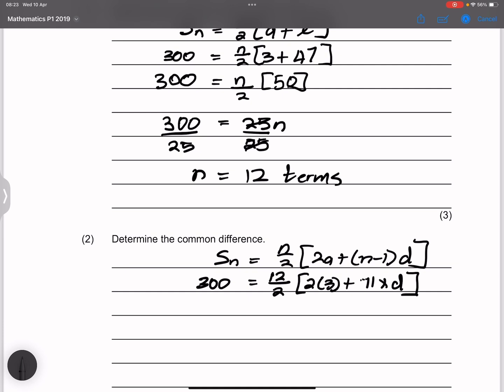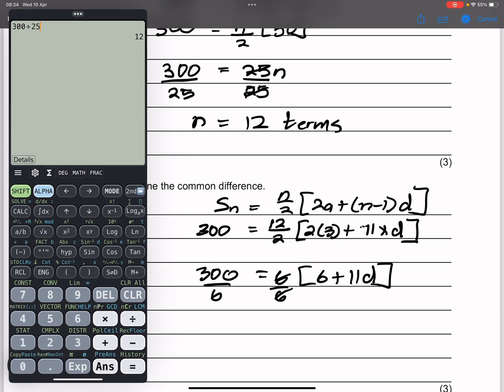Okay, so let's try and simplify this as quickly as we possibly can. So this is going to be 6 into, that's 2 times 3 is 6, plus 11d. So divide both sides by 6. So 300 divided by 6 will give me 50.